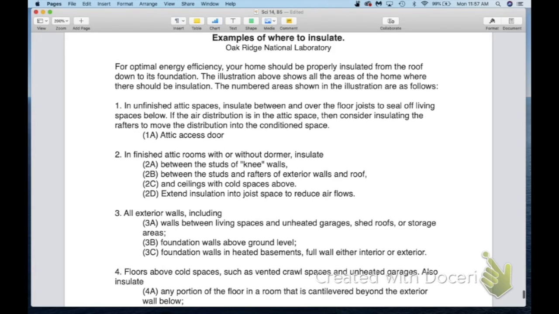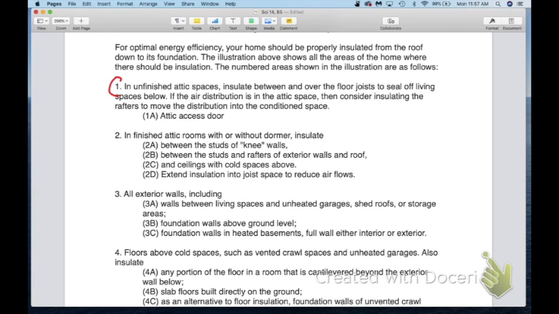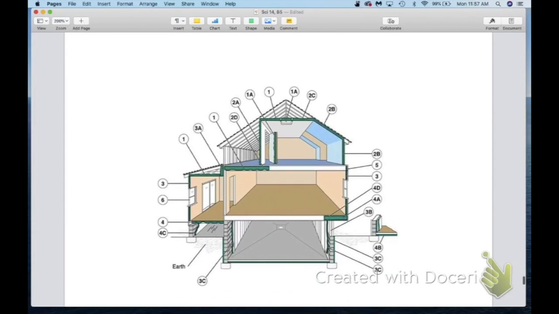Okay. So then I go down. Number 1 is unfinished attic spaces, and 1A is an attic access door. All right, so I'll go back up.